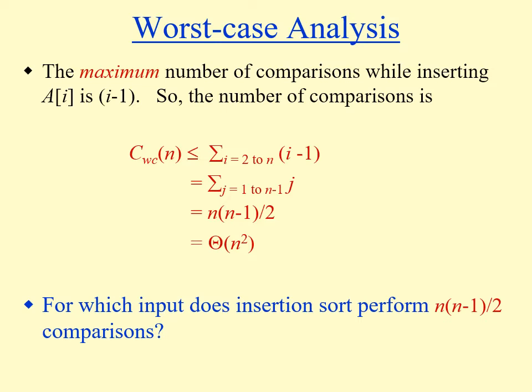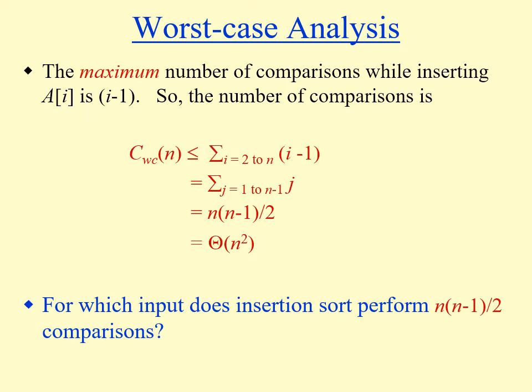You will move all the elements in front of the current one to the right, and then insert that one at the beginning. For example, 4, 3, 2, 1: you need to move 4, 3, 2 to the right, and then insert 1 at the beginning, and so on and so forth.